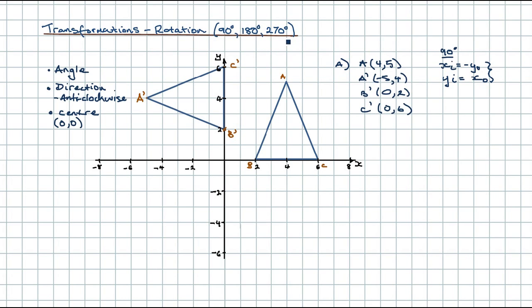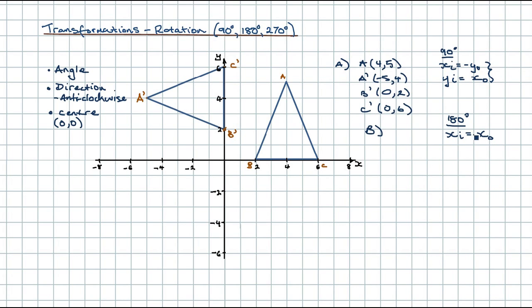So what about problem B, the 180 degree rotation? Well, again, we've got a simple trick. We simply take the x component of the object and reverse its sign, so make it negative.